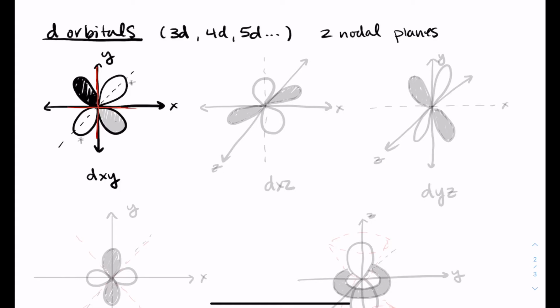It seems like maybe we did it wrong based on how we shaded the p orbitals, but the best way to figure out what you're doing when you shade a d orbital is to pick a lobe. So if I pick the upper right lobe, decide that it's going to be unshaded, and then move either clockwise or counterclockwise. I'm going clockwise, and when you pass through a node, switch the shading.